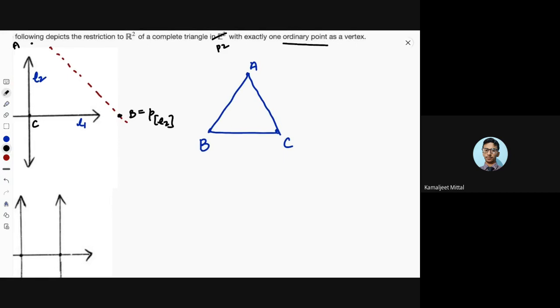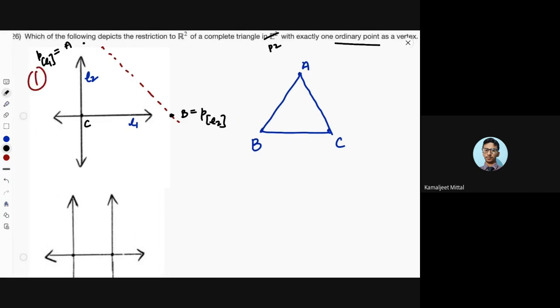That means, does it have exactly one vertex as an ordinary point? And the answer is yes. Only vertex C is lying inside the plane R2. The other two vertices A and B are on the line at infinity. So this is the answer to our question.